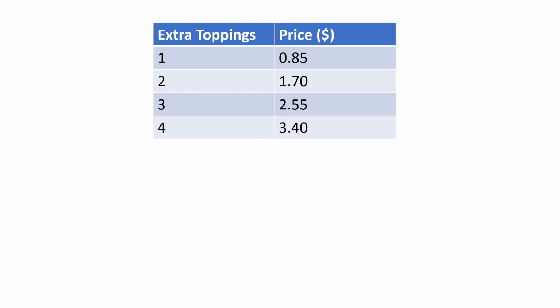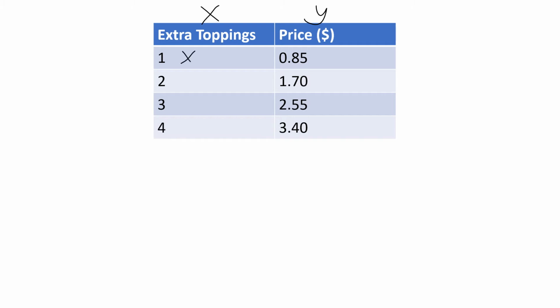So if we look at this with connection to our definition, the constant multiple that connects x and y, the extra toppings is going to be our x, and the price is our y, because the price depends on how many toppings. So if I buy one topping, it's 85 cents.